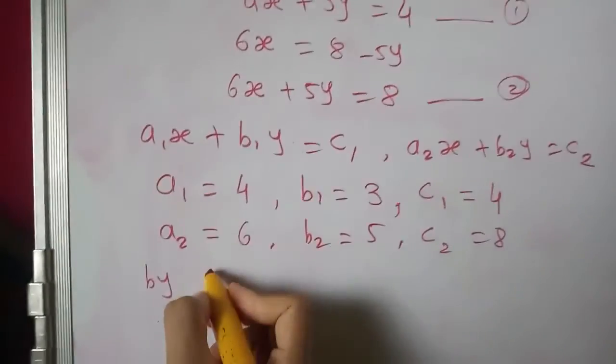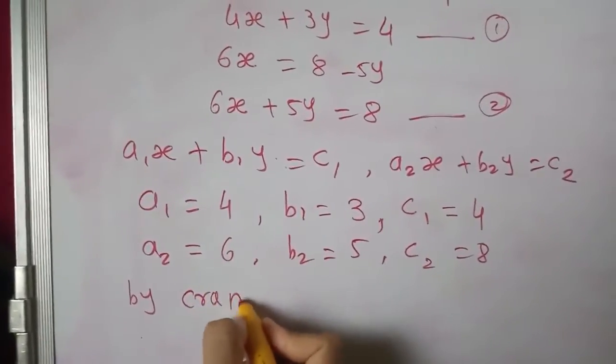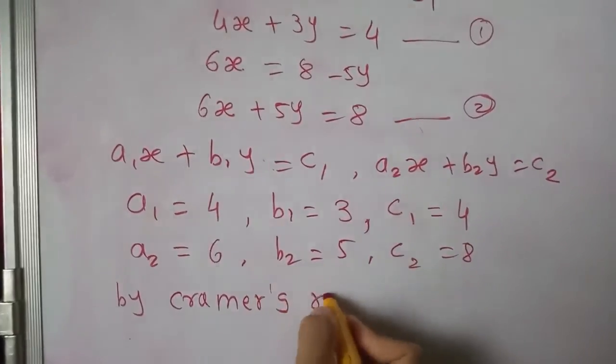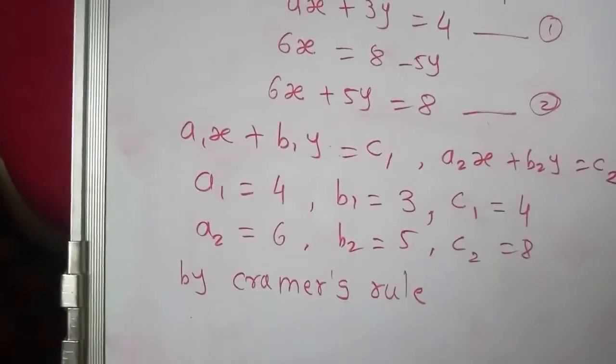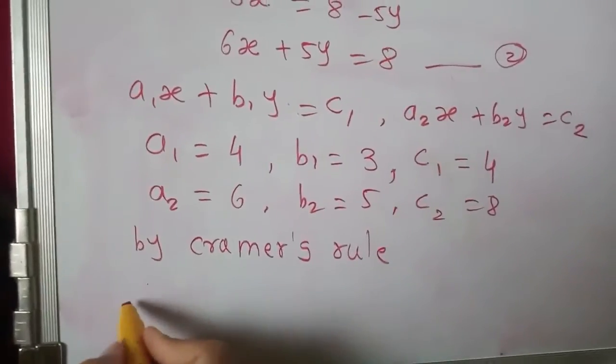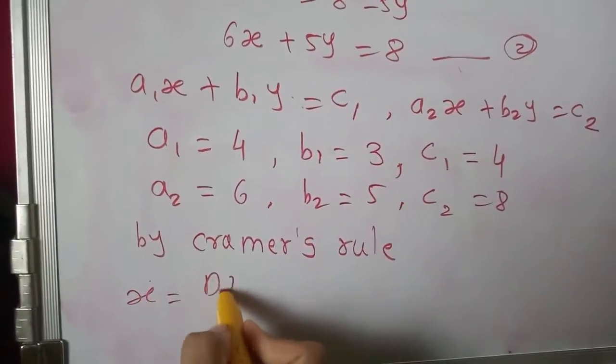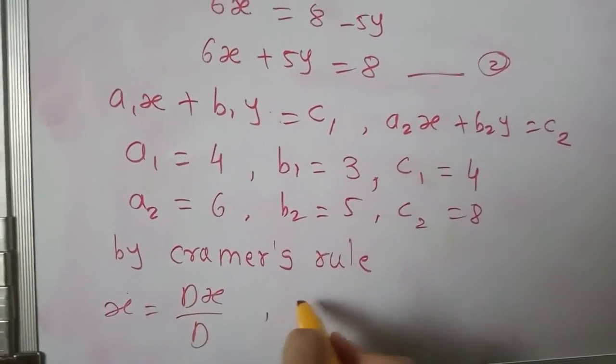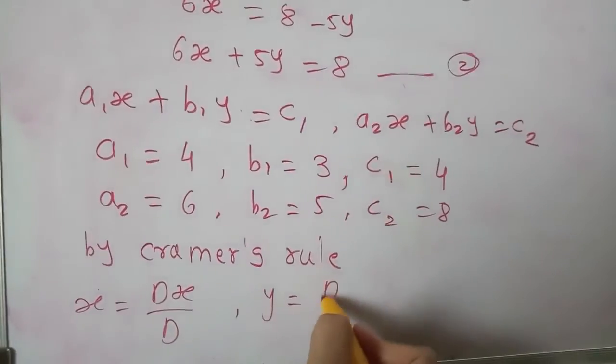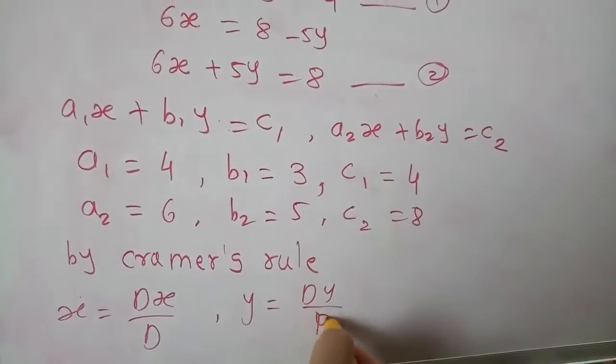So by Cramer's rule, x is equals to dx upon d and y is equals to dy upon d.